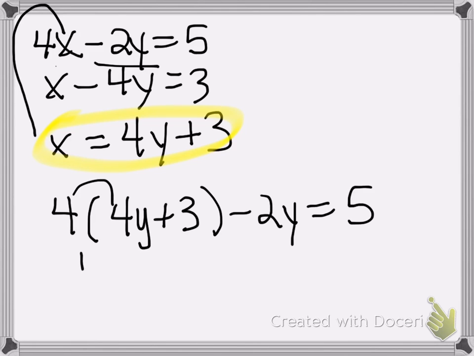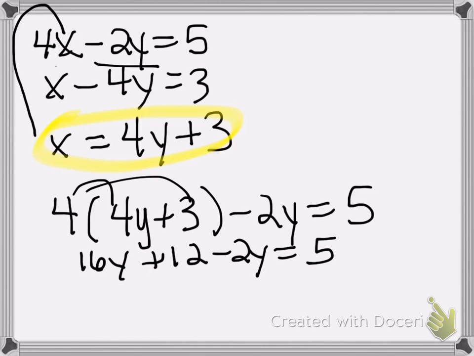Now we're going to distribute. That's 16y plus 12 minus 2y equals 5. Now we've got y's. We just need to put them together. I put the 16 and the negative 2 together. That's 14y plus 12 equals 5.